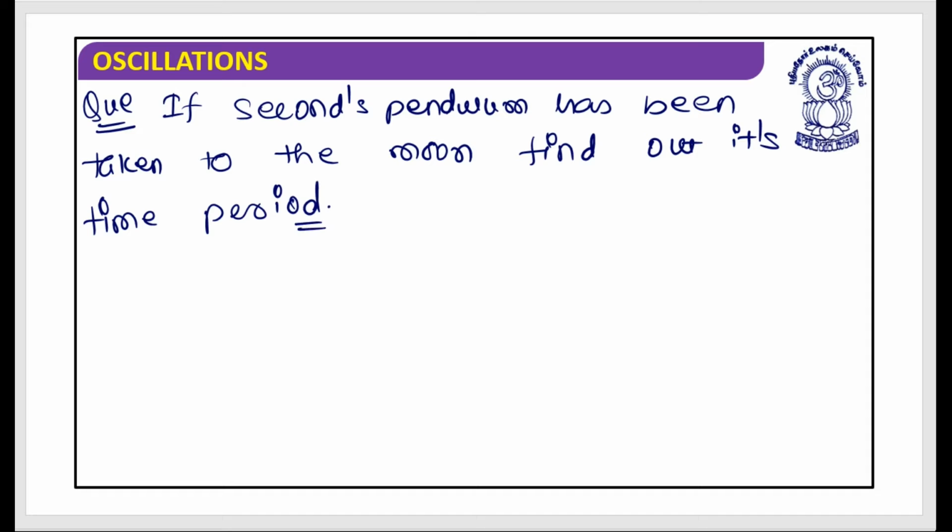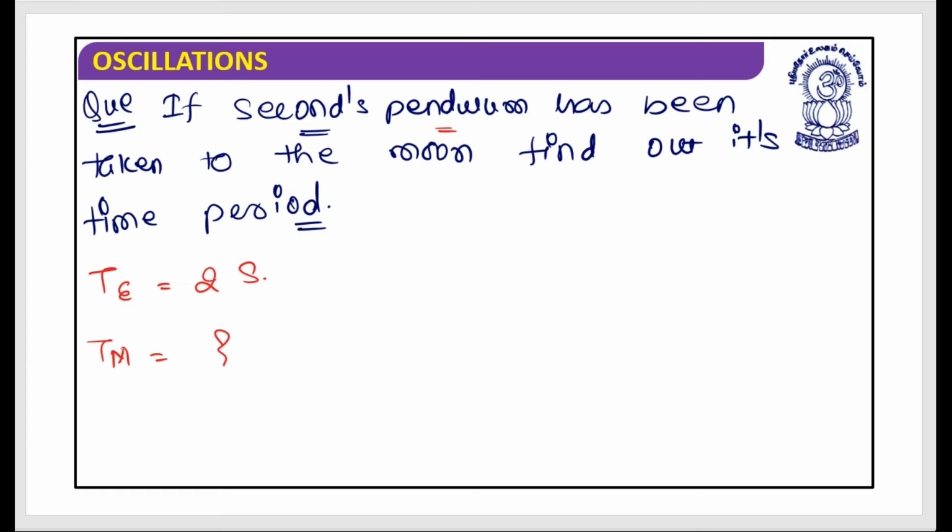This is the requirement. How will we do this? So first thing is that if it is a seconds pendulum, that means its time period on the earth will be equal to 2 seconds. What I have been asked? I have been asked to find out the time period on the moon.